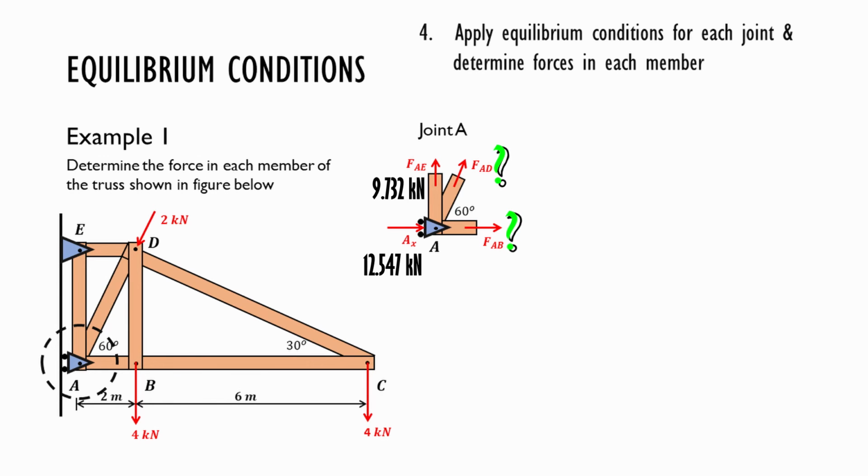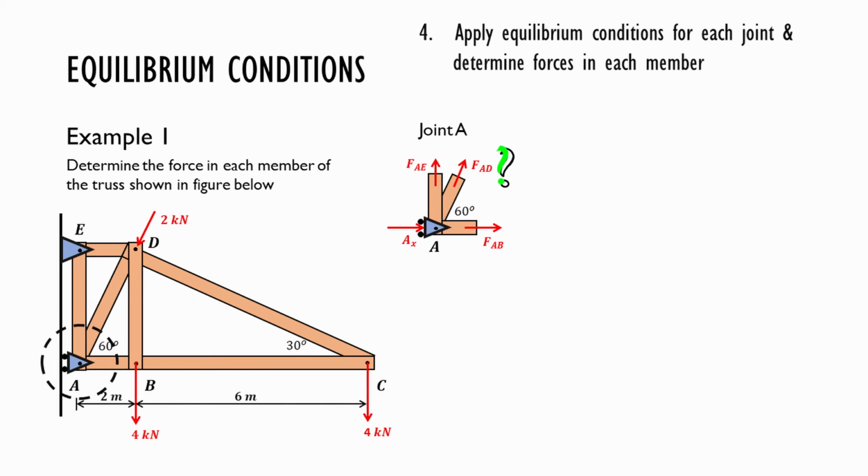And we only have one equilibrium equation for x direction. Thus, it's impossible to solve two unknowns. But if you look at all the forces in y direction, only the y component of FAD is unknown. And we can apply the equilibrium equation for y direction to solve it.